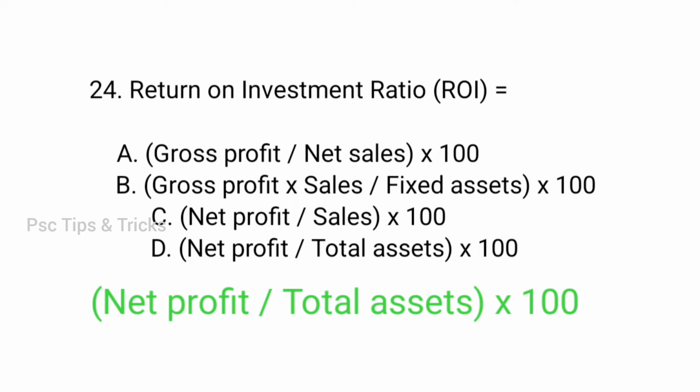Answer option D, net profit by total assets into 100. Return on investment ratio ROI equals net profit by total assets into 100. Return on investment is a performance measure used to evaluate the efficiency of an investment or compare the efficiency of a number of different investments.